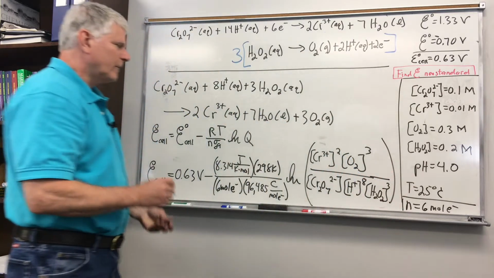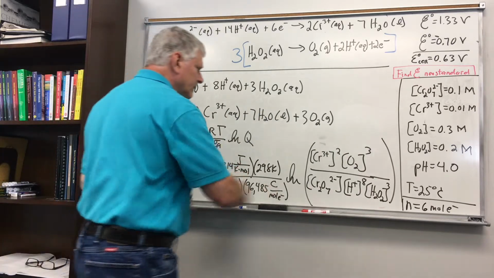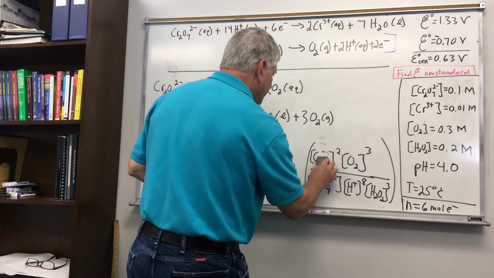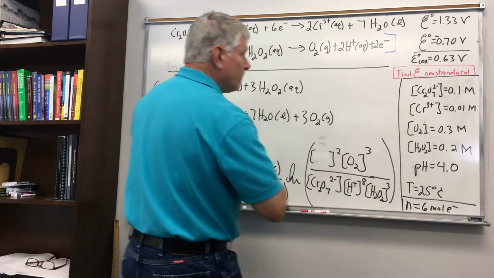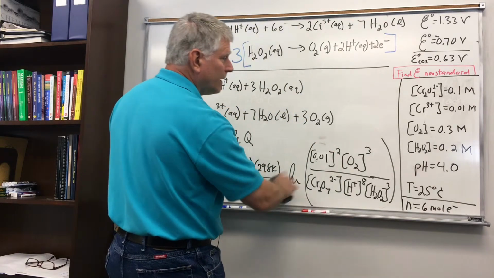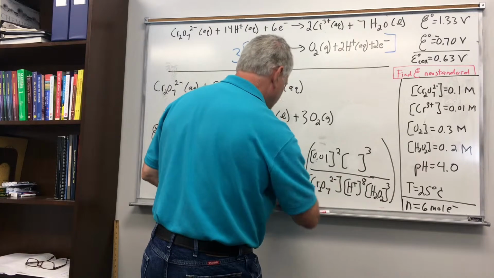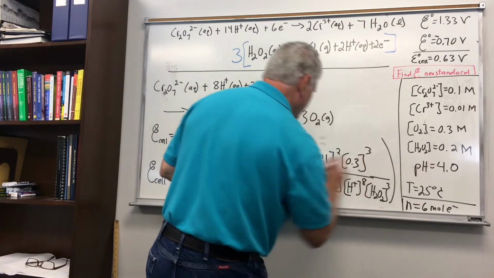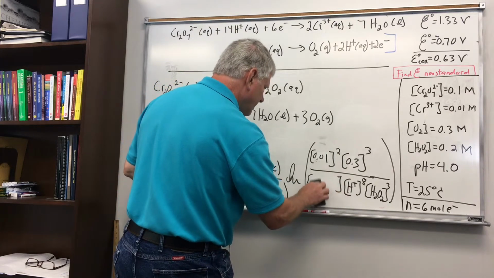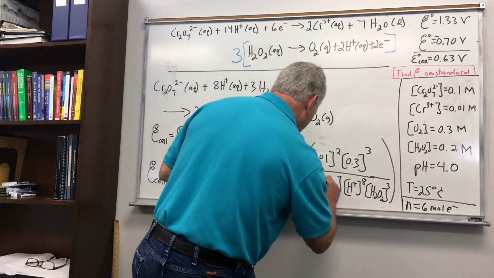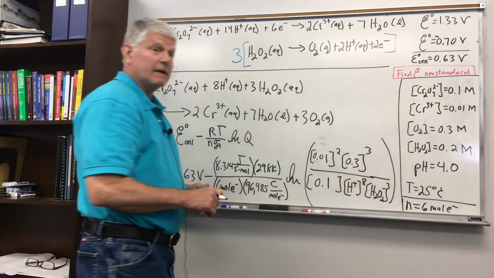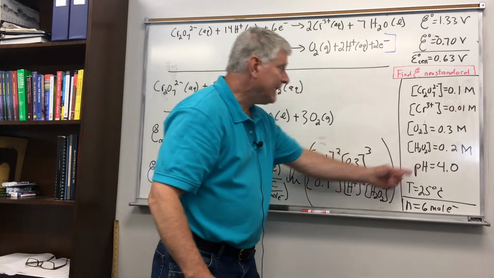Okay, so now I'm ready to plug numbers into my reaction quotient. Chromium 3 plus is 0.01 molar. Oxygen is 0.3 molar. Dichromate is 0.1 molar. H plus, I haven't been given it, but I've been given the pH.